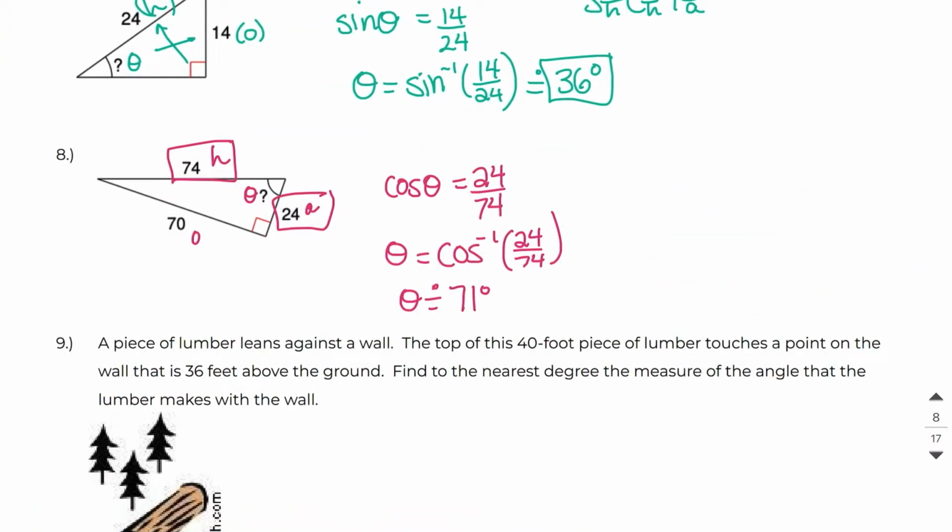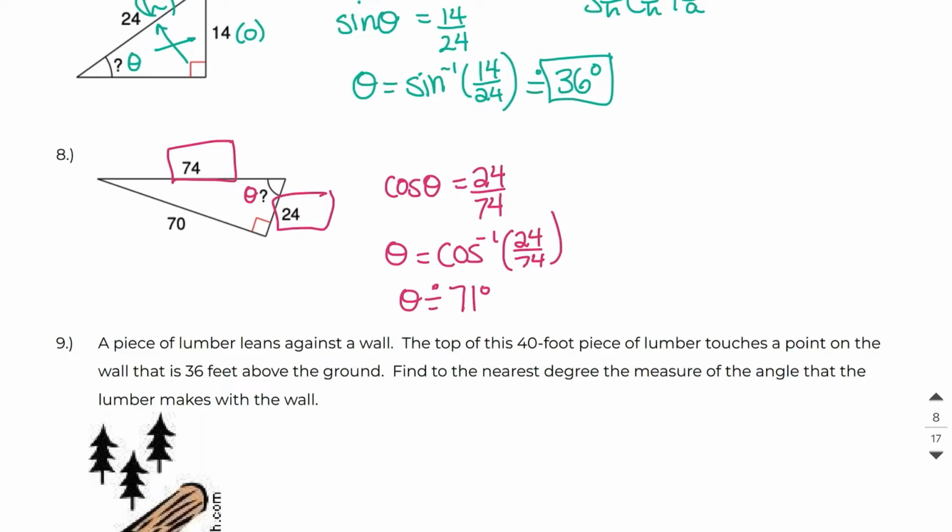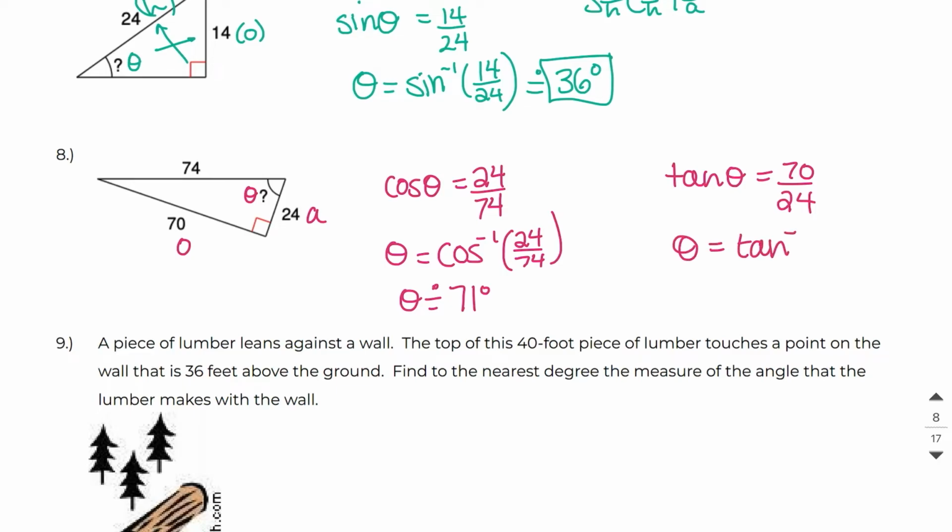Okay, let's do the same thing with this. We'll find out angle theta, but this time I'm going to use a different ratio. Let's try tangent because we haven't done tangent yet. And tangent is going to be opposite over adjacent. So let's try tan of theta is going to equal 70/24. So I can do inverse tan of 70/24.